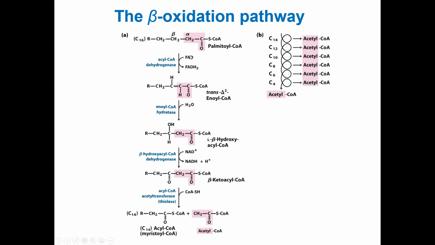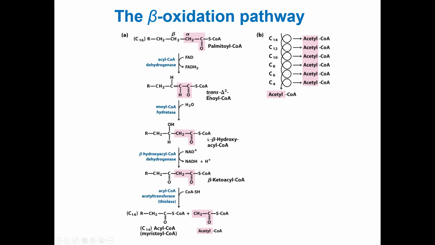Don't write NAD plus here; it doesn't bind NAD plus, only FAD. So it will take FAD and oxidize the single bond between the alpha carbon and beta carbon to a trans double bond.